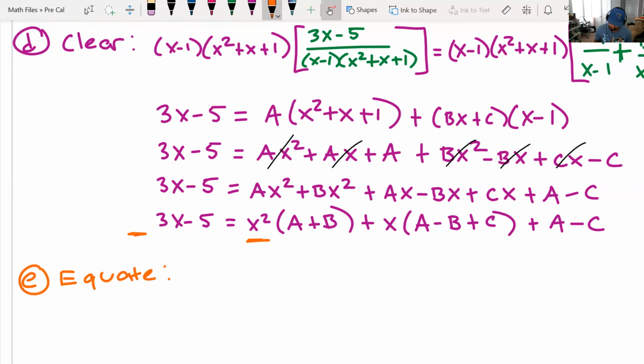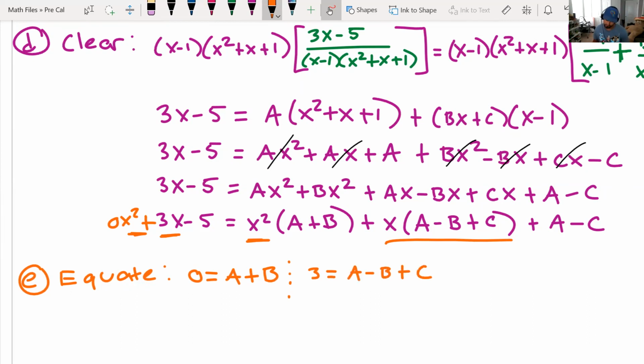So for the first ones, I could write this as 0x squared, which means you have a 0 on the left side and the coefficient on the right side. So 0 is going to be equal to a plus b. Then I have 3x here and an x here, which means 3 is going to equal a minus b plus c.